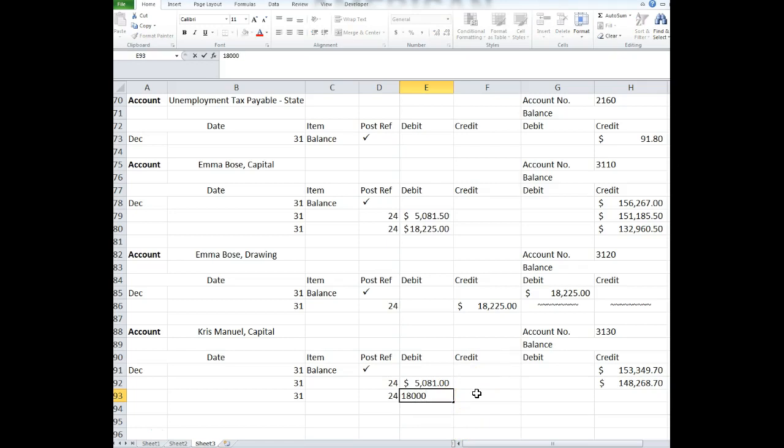It's going into the capital. Yes. So we're moving it from drawing into our capital. Okay. So through the year, Chris withdrew $18,400. That's for Emma. Their drawing amounts are different.